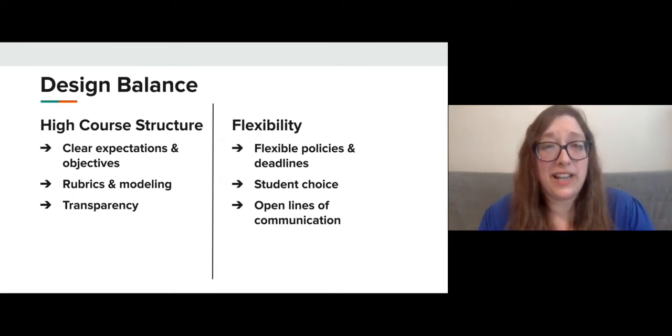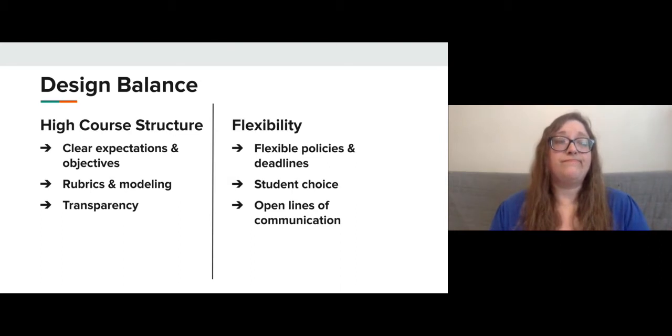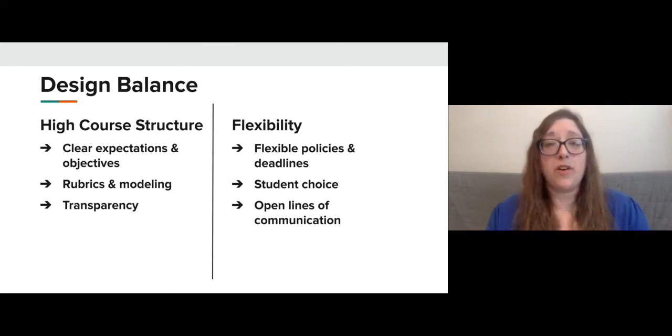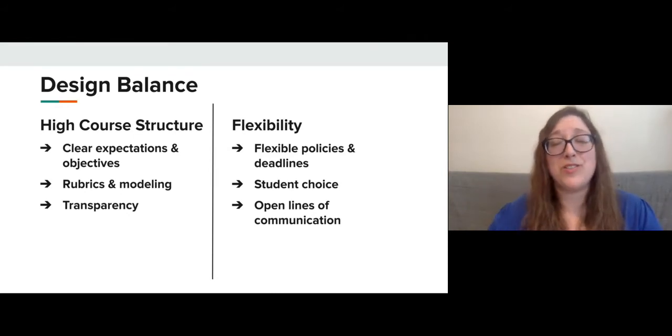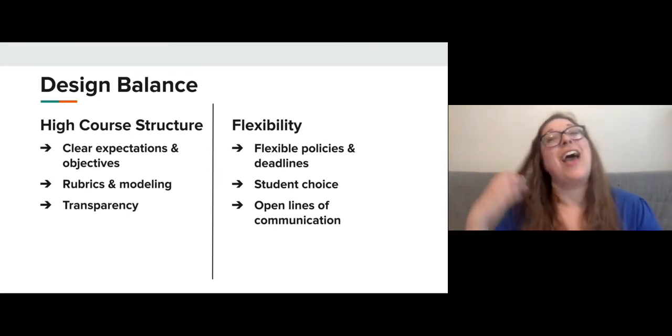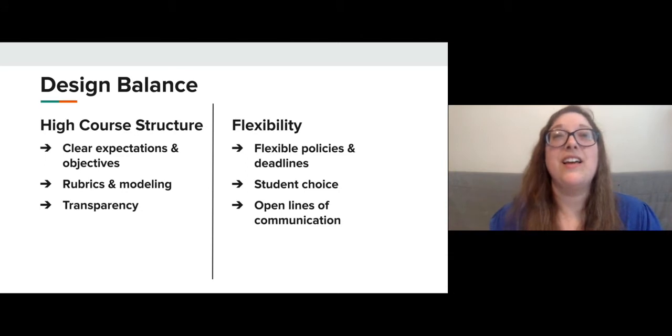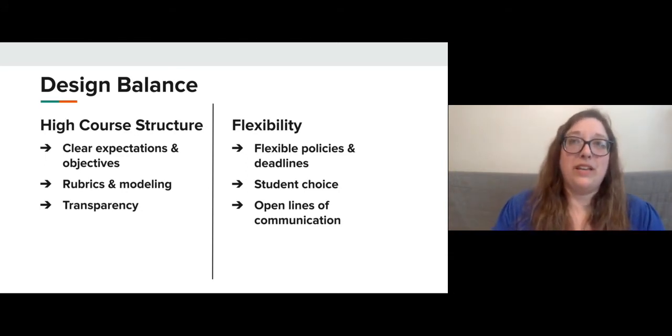Sometimes doubling the number of A's, let's say, amongst first-generation college students when we just add more structure to a class. So what does that mean?